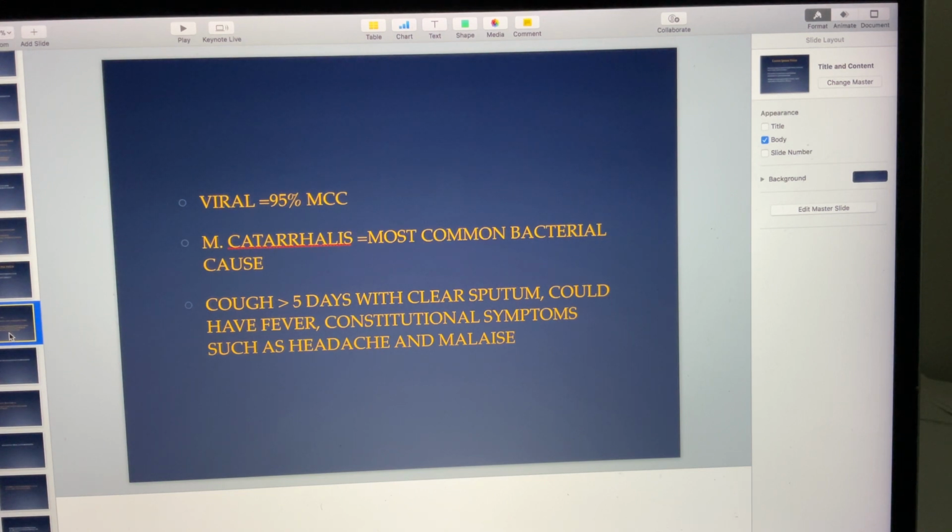The most common cause of acute bronchitis is viral, accounting for about 95% of the cases. The most common bacterial cause is M. catarrhalis.